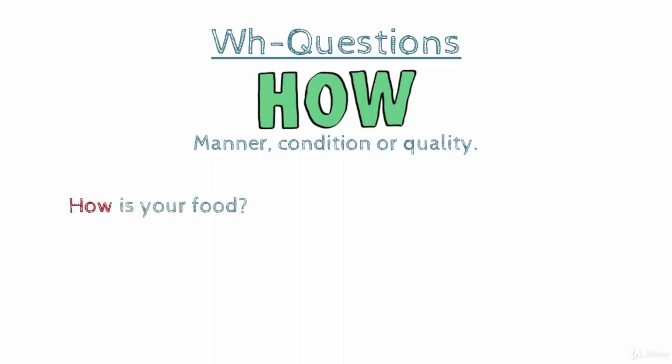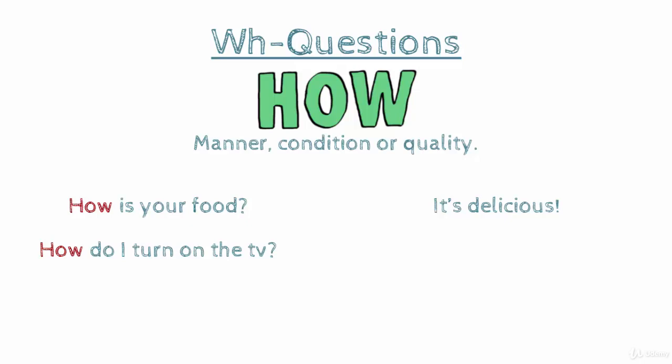Now let's go on to the next one. How. Now, we use how to talk about manner, condition, or quality. I'm going to give you one example of each, okay? Let's take a look. How is your food? It's delicious. This is a question about quality.